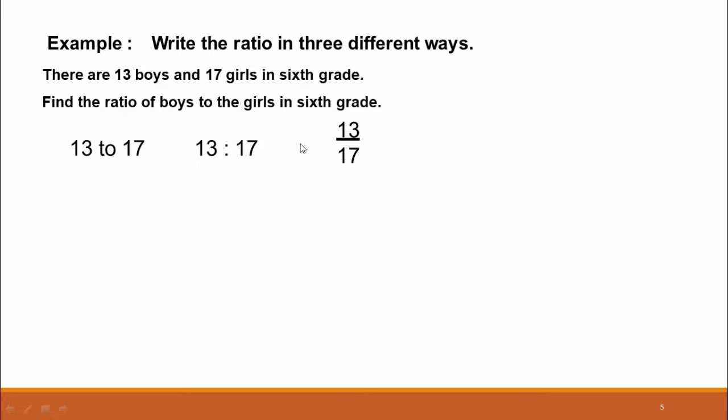So we can write 13 to 17, which represents the ratio between boys and girls in this example, or 13 colon 17, or 13 by 17, which represents the ratio between 13 boys and 17 girls.